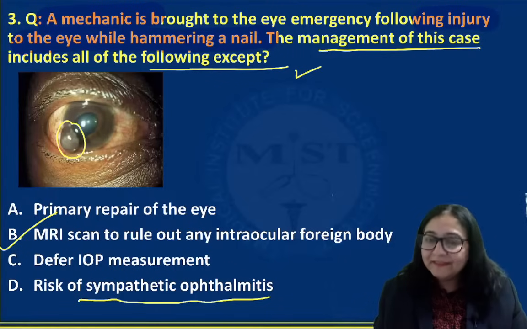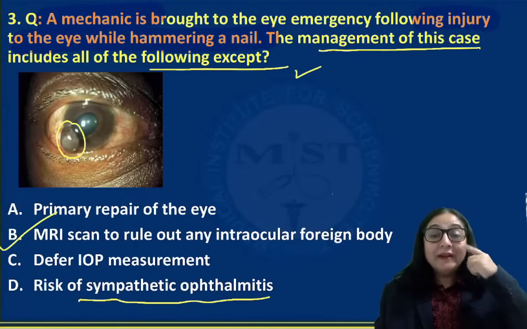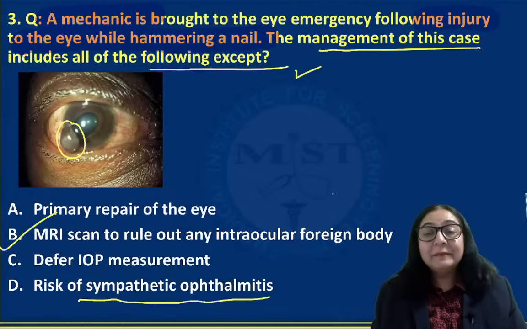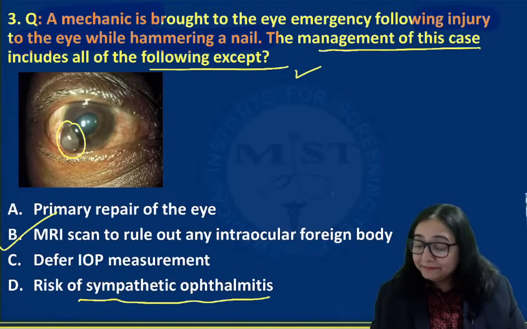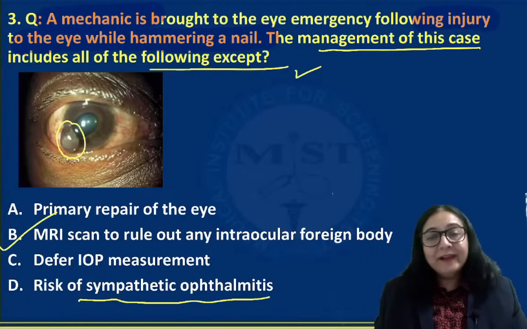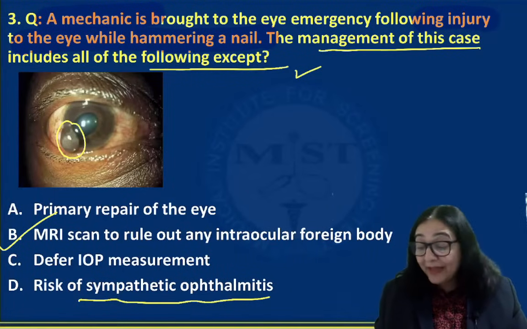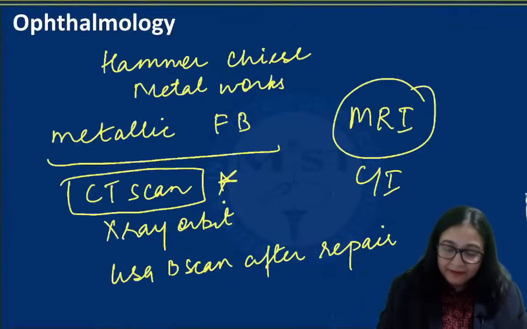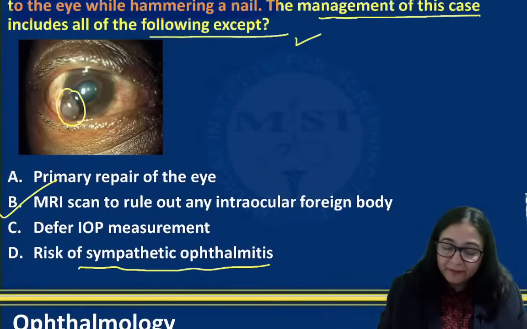Okay? So dear friends, can you tell me what kind of inflammation is sympathetic ophthalmitis? What kind of uveitis or inflammation do you see in case of sympathetic ophthalmitis? Yes? So you will see bilateral granulomatous panuveitis. Okay? Just your revision of sympathetic ophthalmitis also.